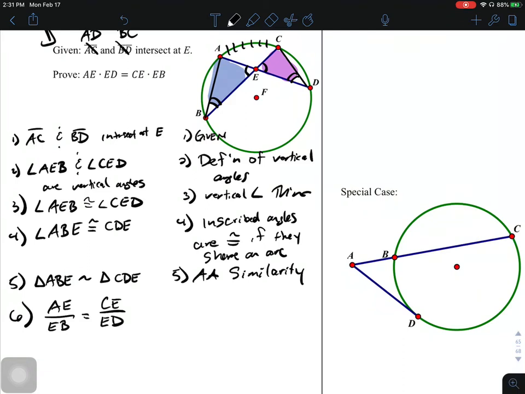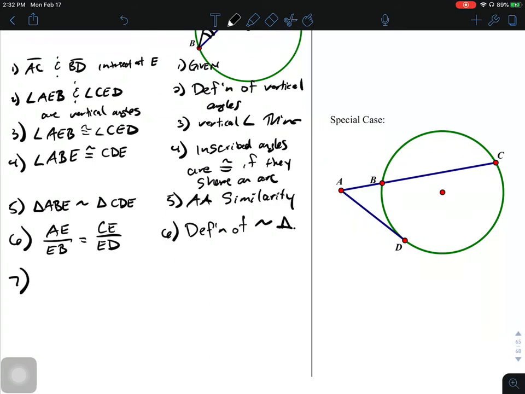Now, if you're wondering, why would I write that? Well, at a certain point, we need to get AE, ED, CE, and EB into the problem, because they don't exist in this problem, only angles. So that's this side, and this side, and this side, and this side. I'm just trying to get into the problem. And because similar triangles means that corresponding sides are proportional, I can write this. So this is definition of similar triangles.